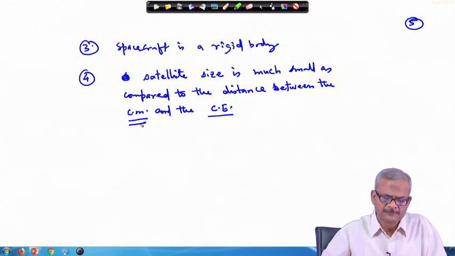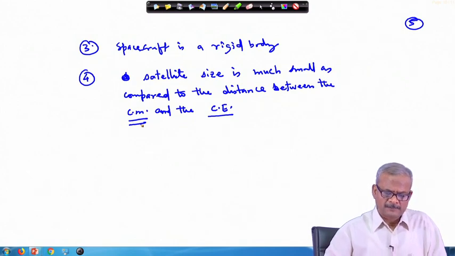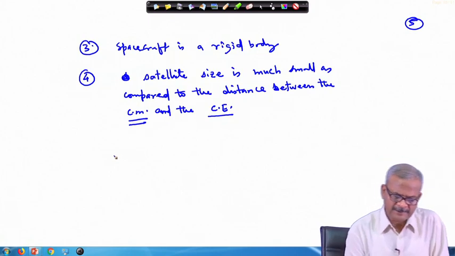So, under these 4 assumptions we can develop the satellite dynamics under gravity gradient.